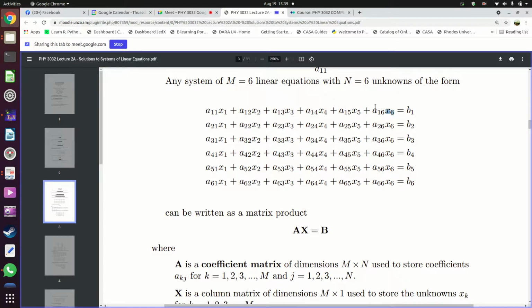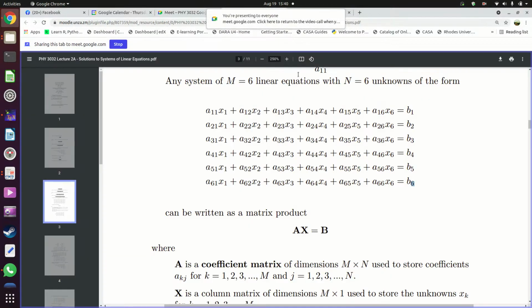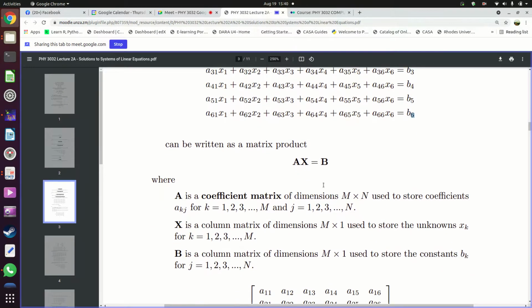All these 6 unknowns we put in a column matrix. Then B is also a column matrix of the constants: B1, B2, B3, B4, B5, B6. So all this information we can put in the form of matrices and rewrite as AX equals B.